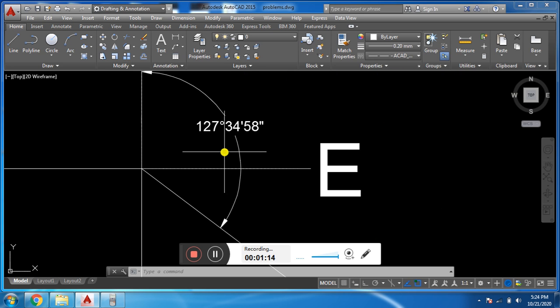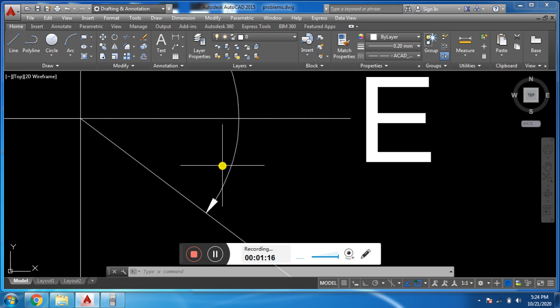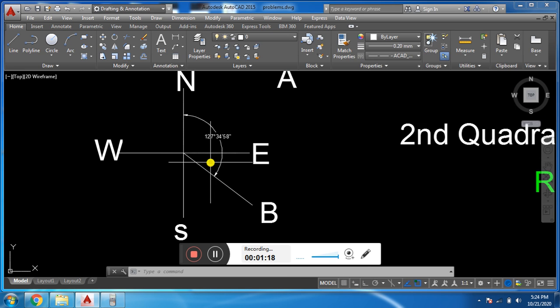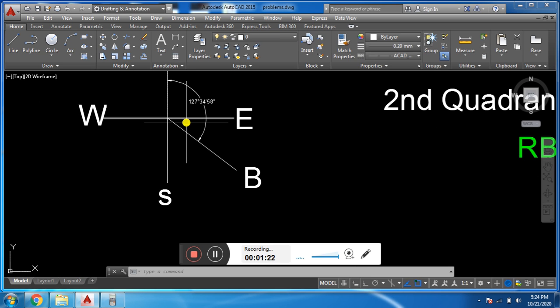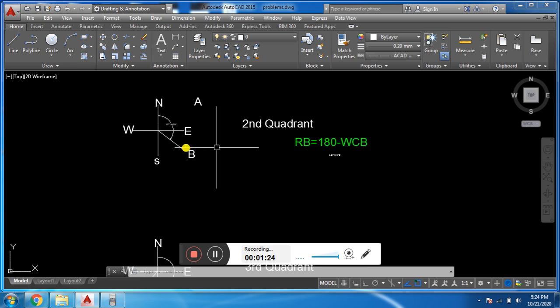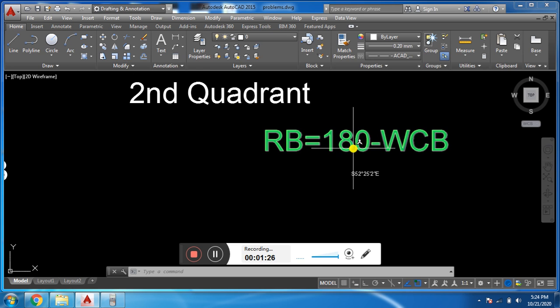We have another whole circle bearing, which occurs in the second quadrant: 127 degrees 34 minutes 58 seconds. We will convert this whole circle bearing to reduced bearing. For this we have the formula: reduced bearing in the second quadrant is equal to 180 degrees minus whole circle bearing.